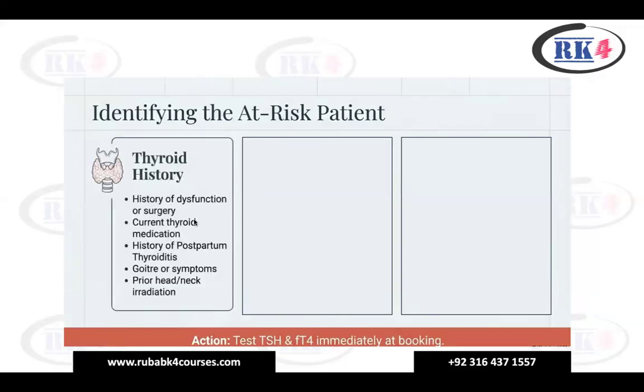So take the history. If the patient has a history of some thyroid disorder previously, she has taken thyroid medications, there is a previous history of surgery, a history of postpartum thyroiditis, the patient has goiter, or she has any prior history of head and neck irradiation, she is at high risk. So you need to screen her.